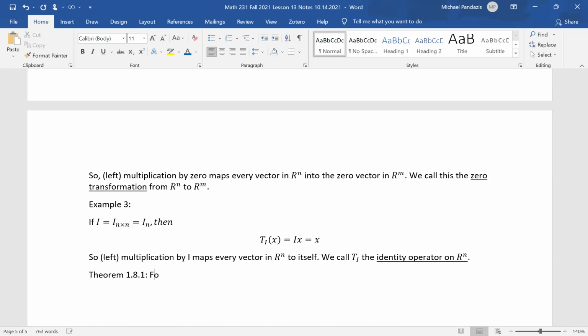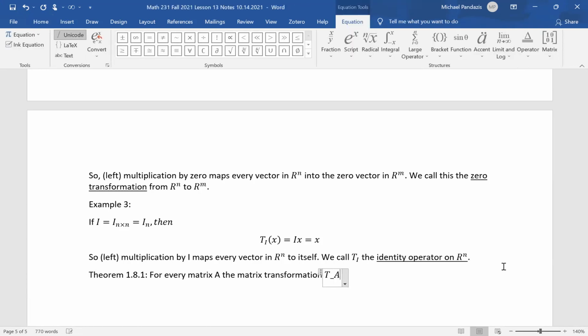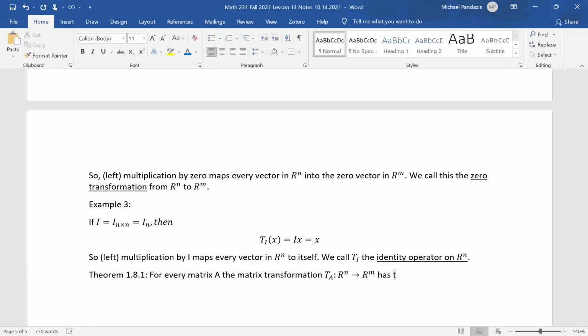Okay, so next is theorem 1.8.1. For every matrix capital A, the matrix transformation T sub A from Rn to Rm has the following properties.